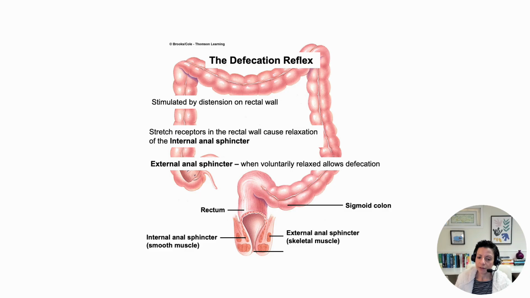That's the anal sphincter that is composed of smooth muscle. When the internal anal sphincter relaxes, what you're going to have is that feces that has just filled the rectum is going to move down, okay? And it's going to put pressure on the external anal sphincter. And that stretching of the rectum, that relaxing of the anal sphincter, that gives you the sensation that you need to defecate.